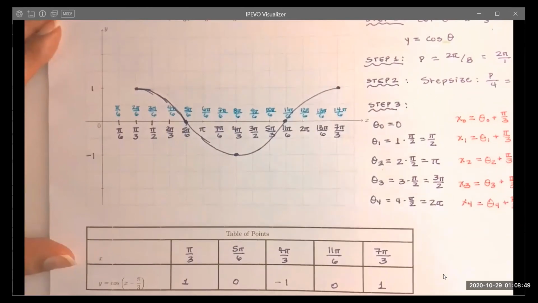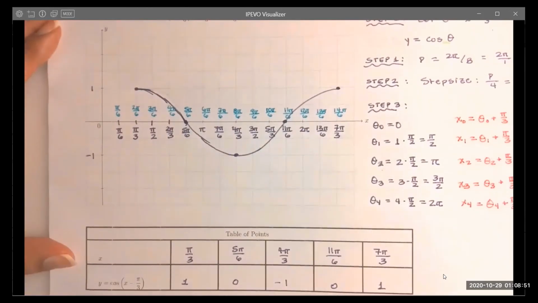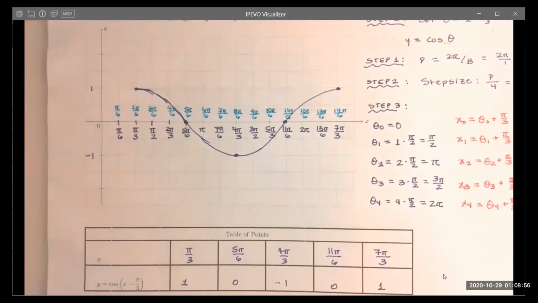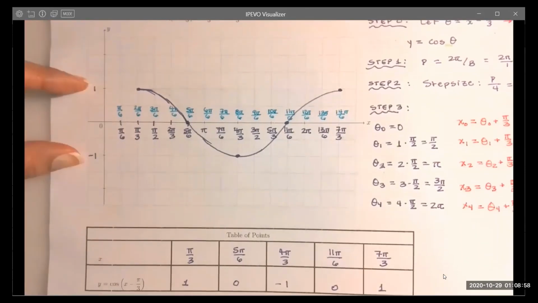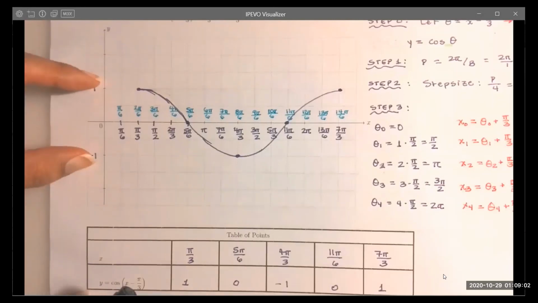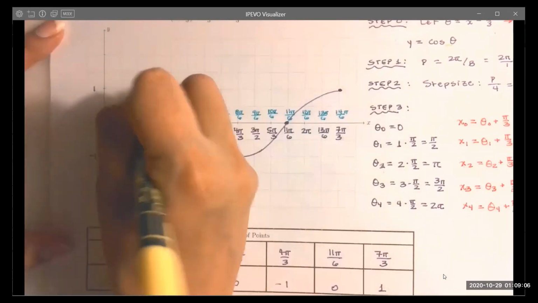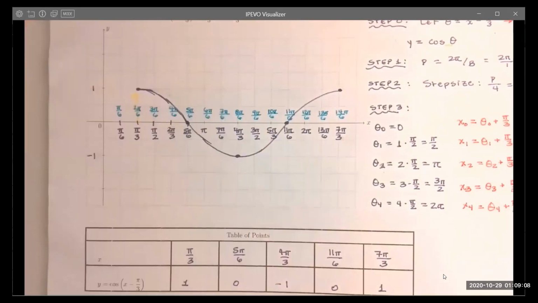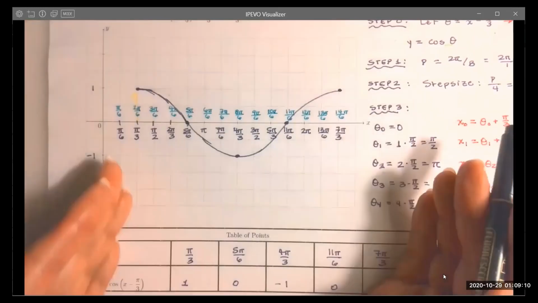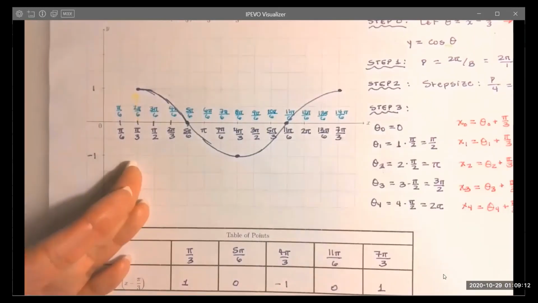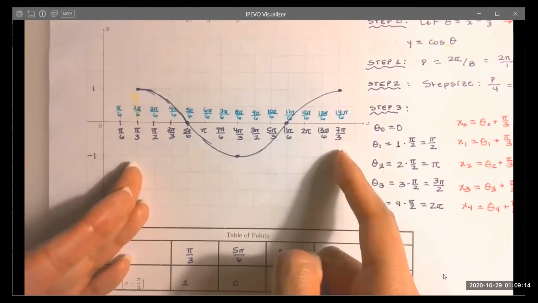Yeah, so notice what's happened to the graph. It still has an amplitude of 1, right? The highest point is 1, the lowest point is -1. The distance between the highest and lowest is 2, so half of that is 1. The amplitude hasn't changed. Period is, well, one cycle gets completed between pi over 3 and 7 pi over 3.